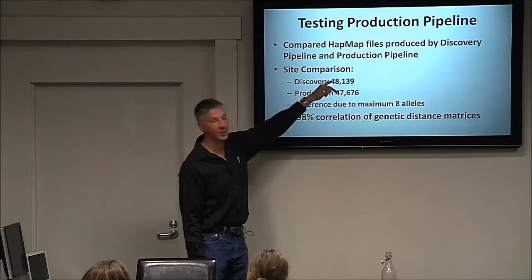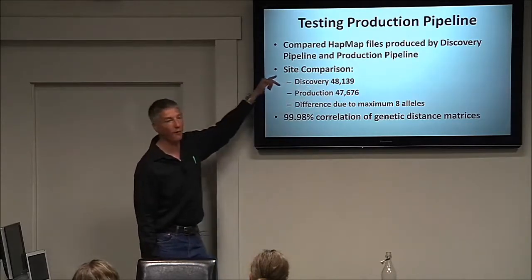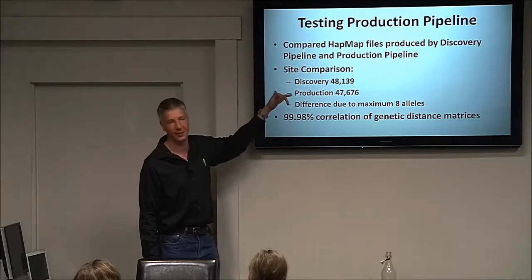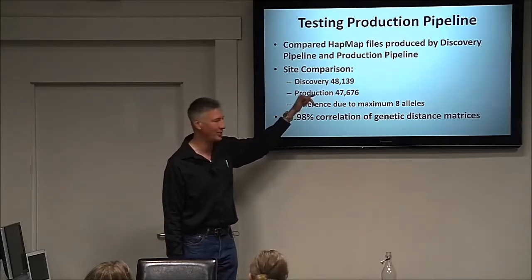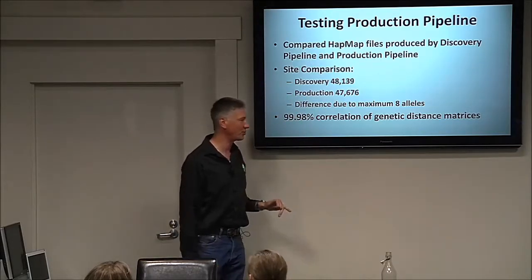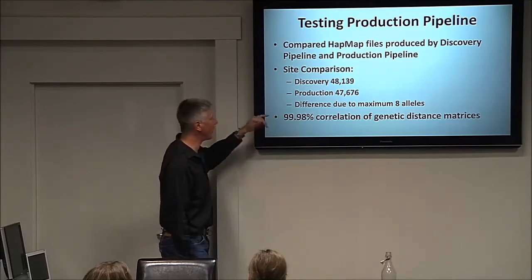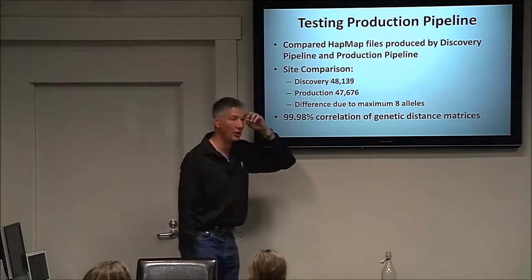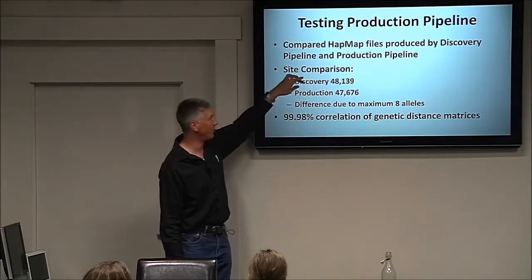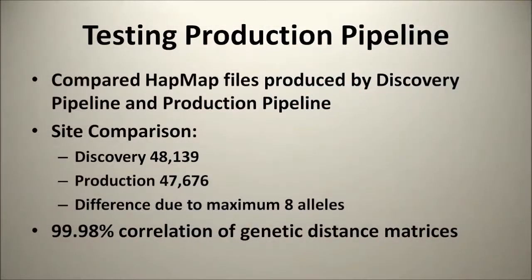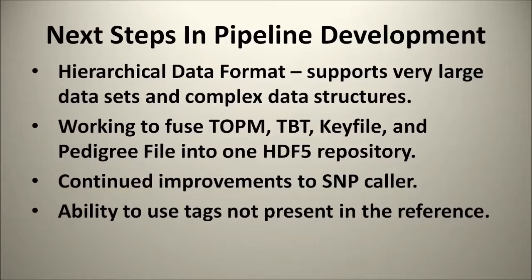So the discrepancy between these two was that we had more variants found in the discovery pipeline than were able to be stored in the variant modified TOPM. It took us a little while to sort that out, but that's what it was in the end. And then there was a 99.98% correlation of the genetic distance matrices when you compared these two methods. So that's one way that we tested the production pipeline.